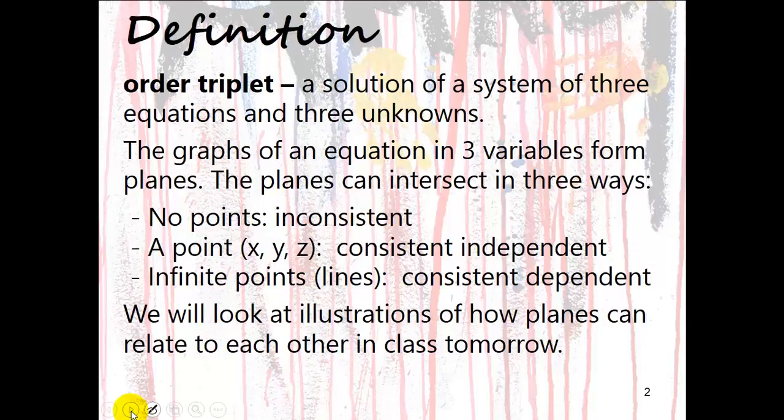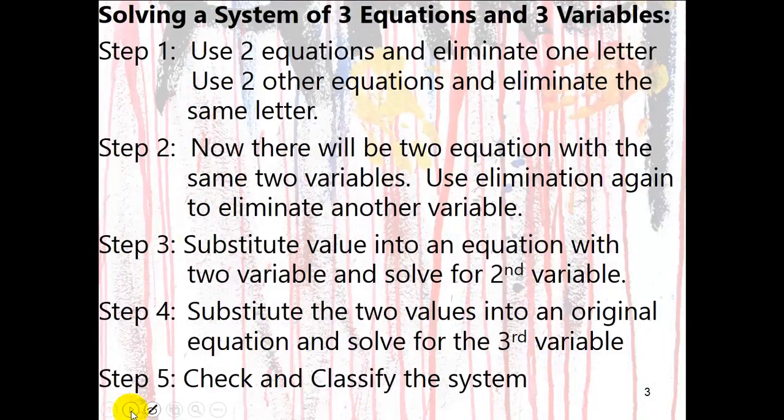And then we have an infinite number of points, where the intersection is a complete line. That's consistent dependent. So again, we're going to look at illustrations of what those scenarios look like in class tomorrow. There's pictures in our textbook that we're going to look at.